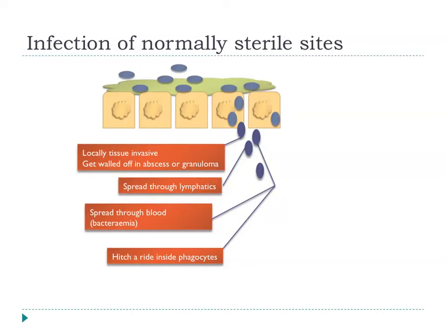With the disease tuberculosis, we have a thing called a granuloma formed there. They can spread through the lymphatics. They can spread through the bloodstream. When they do that, we call that bacteremia. Some bacteria can even hitch a ride inside phagocytes. So they're capable of living inside macrophages, and they'll travel around the body inside macrophages.